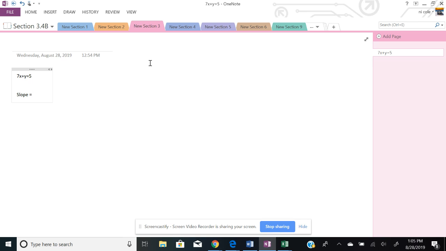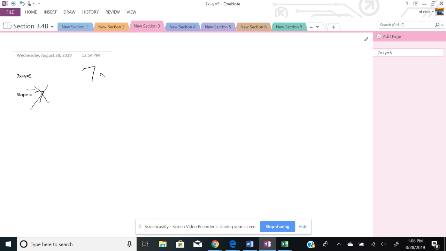Another example. 7x plus y equals 5. Okay, what is my slope here? Many of you are going to go in and say slope equals 7. And I'm going to tell you that's wrong. It is not 7. You have to make sure that the problem is in the format y equals mx plus b.